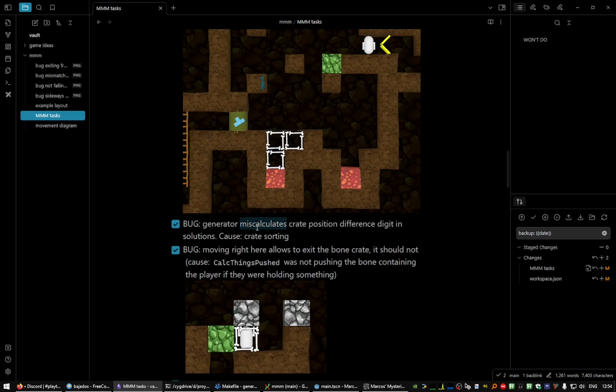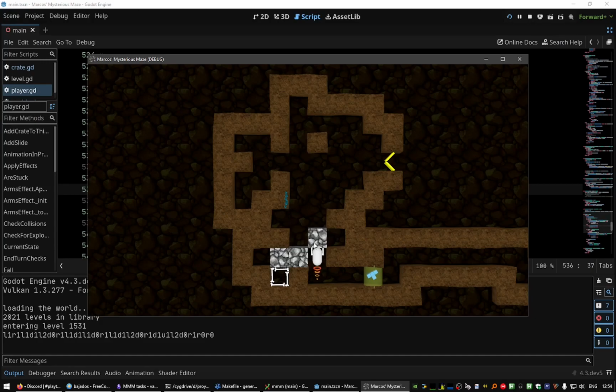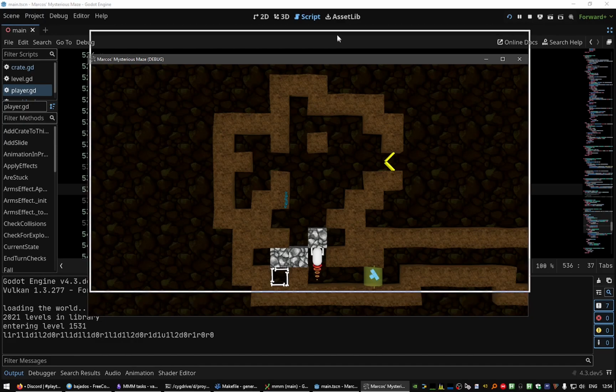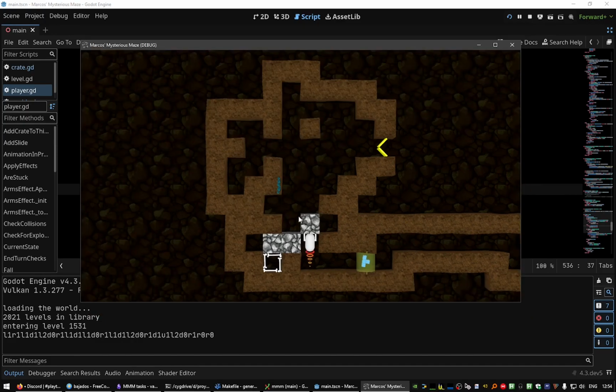Like this one, for example, the generator was miscalculating the crate position difference, which is the indication I use in the solutions of how many crates are moving in a given step. Let me show you. In this situation, for example, after the fix, I fixed the problem was related to the way I sort the crates in the generator.